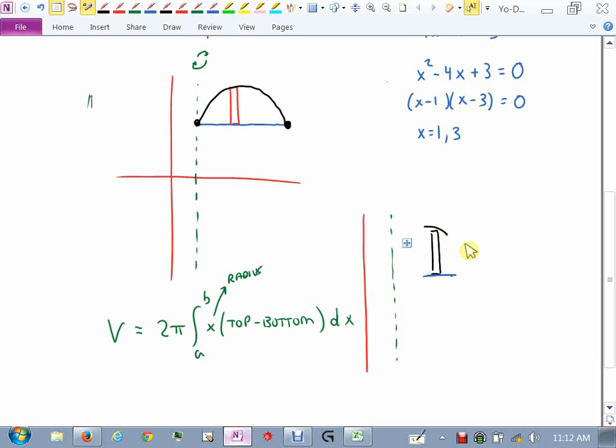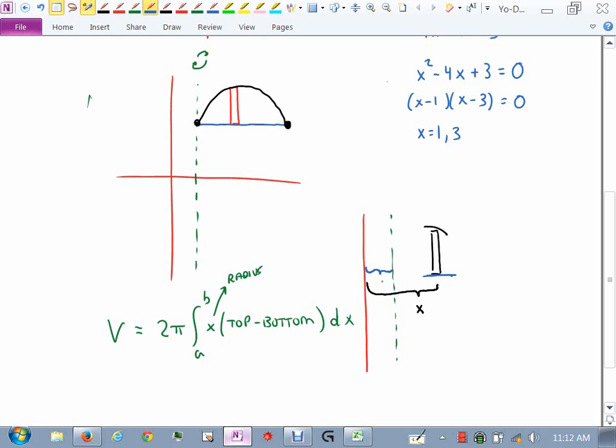Okay, so let me help you here. What is the distance from the y-axis all the way over to our rectangle? What's that distance? That's x. It'll always be x. From the y-axis to our rectangle, that's x. What is the distance from the y-axis to this?